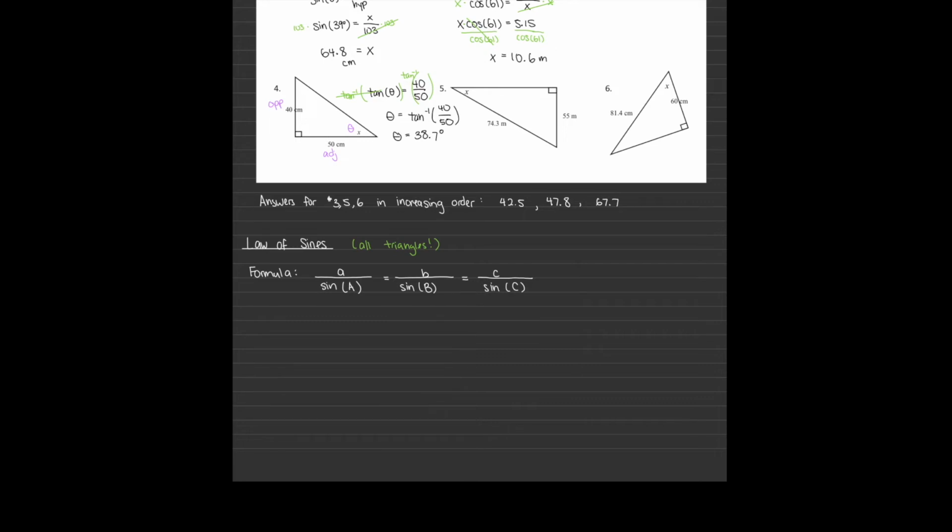Those lowercase letters all represent side lengths, and the uppercase letters all represent angles. So for sides, a, b, c, and angles, capital A, capital B, capital C.